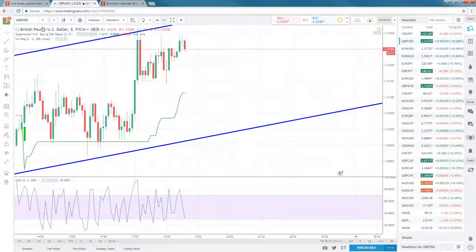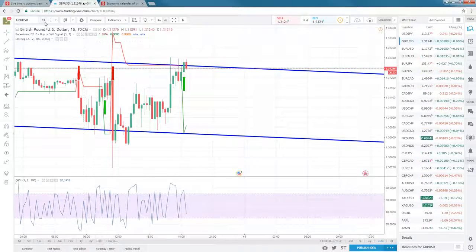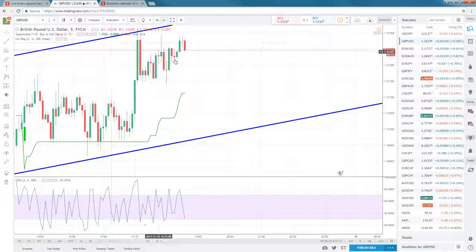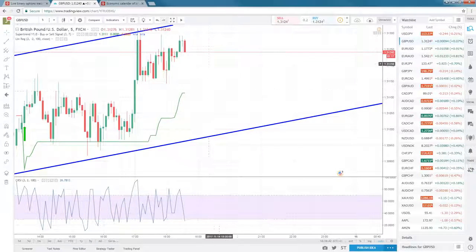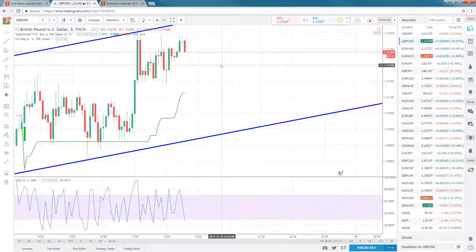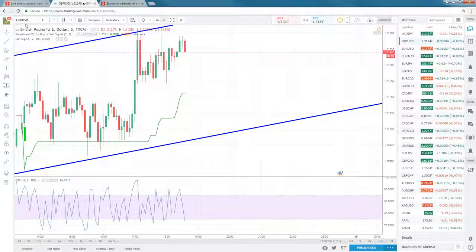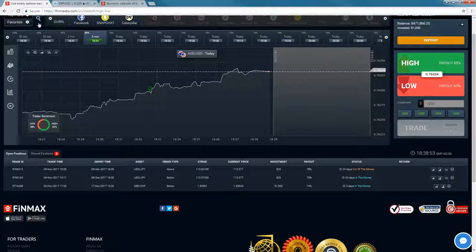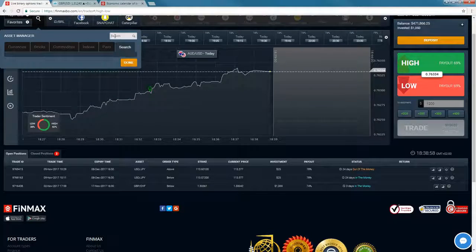GBP US dollar, let's see what is the trend here. The trend is upward moving, so perhaps if this candle is finished to be green, the next one, to my mind, according to the analysis that I'm making, should be green. Let's see GBP. It was GBP US dollar.